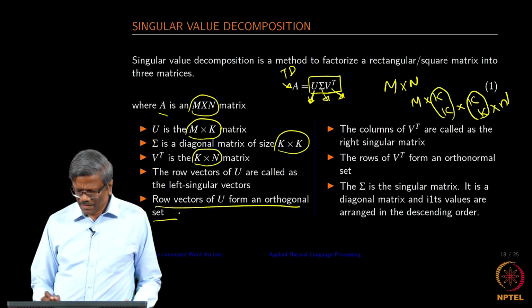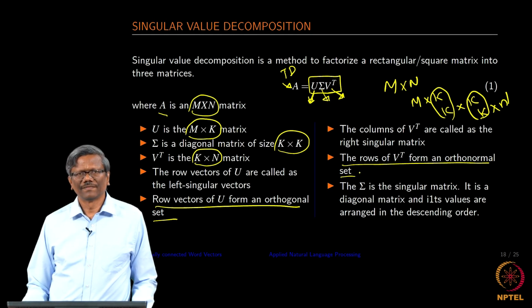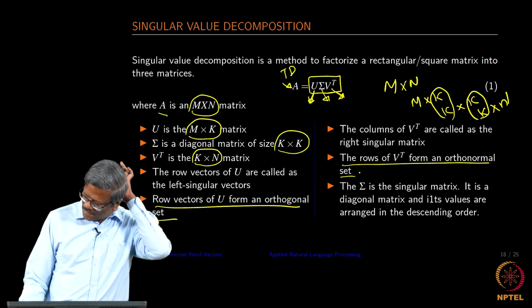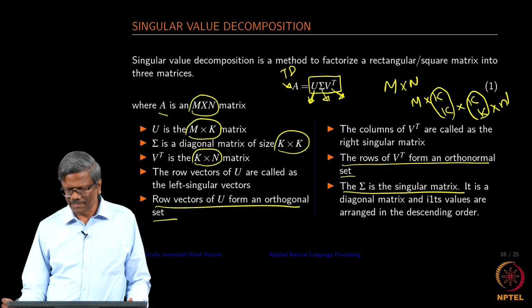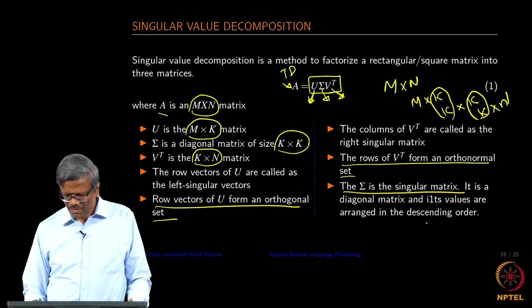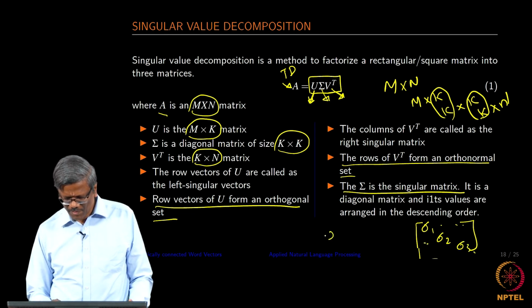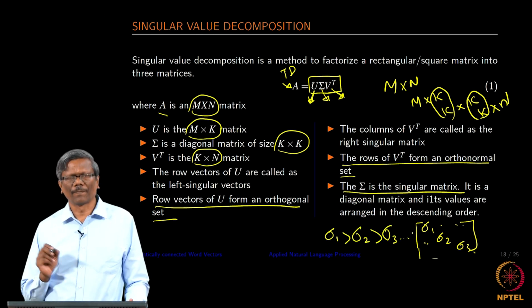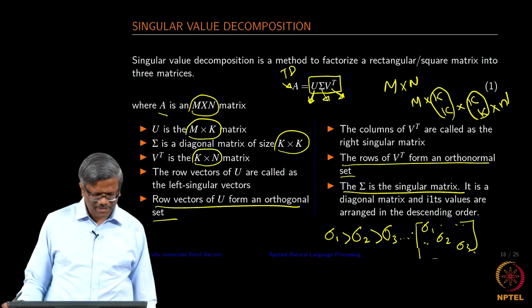The rows of V transpose form an orthogonal set. Sigma is your singular matrix and it is a diagonal matrix, where sigma 1 is greater than sigma 2, greater than sigma 3, and so on. So, this is what you will see inside the structure of the matrix once the decomposition happens.